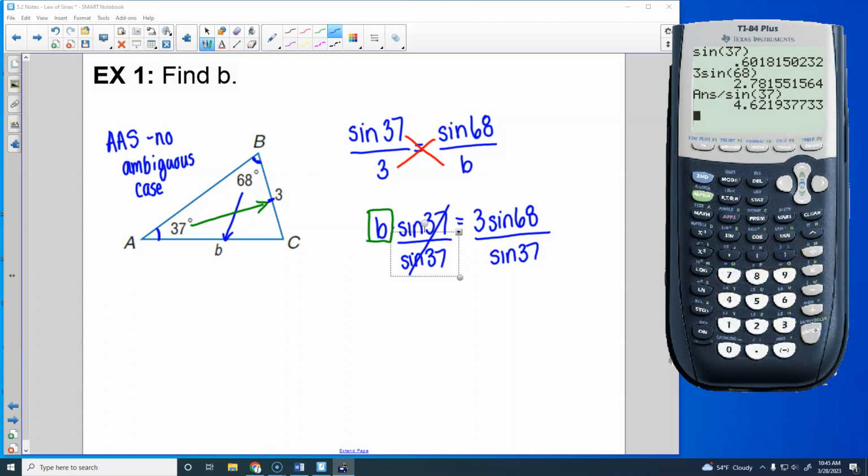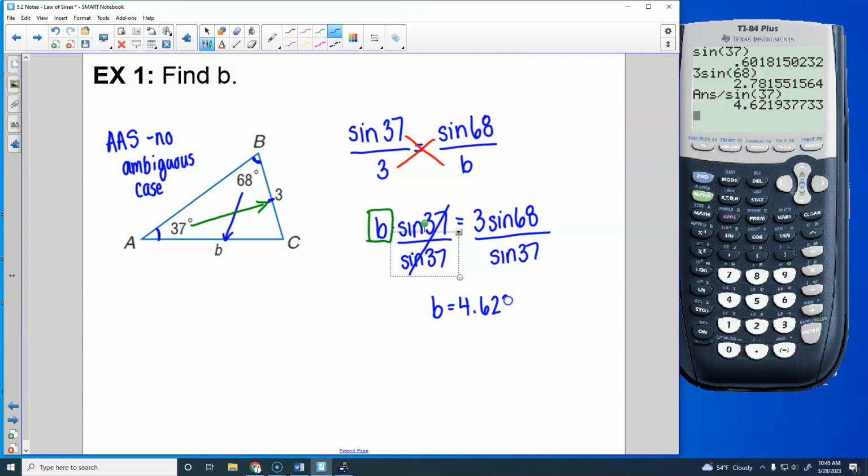And that is going to give me 4.622. So B is 4.622. And that would be our answer here. That's the length of our side B.